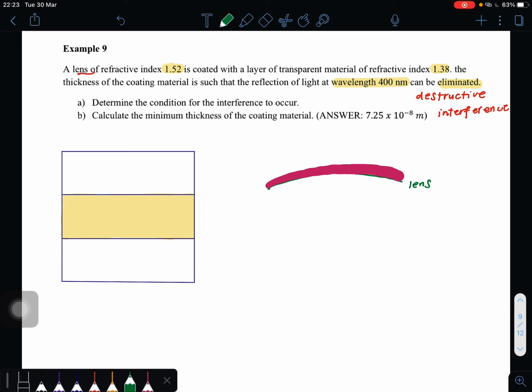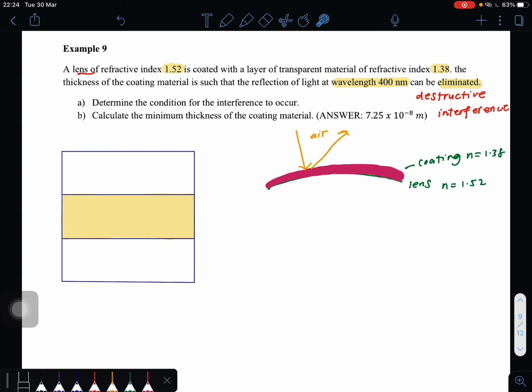So this coating has N equal to 1.38 and the lens has N equal to 1.52. And then we know that light will come from above. So basically this light is coming from a medium of air, and then it will be reflected. You just imagine it like this.